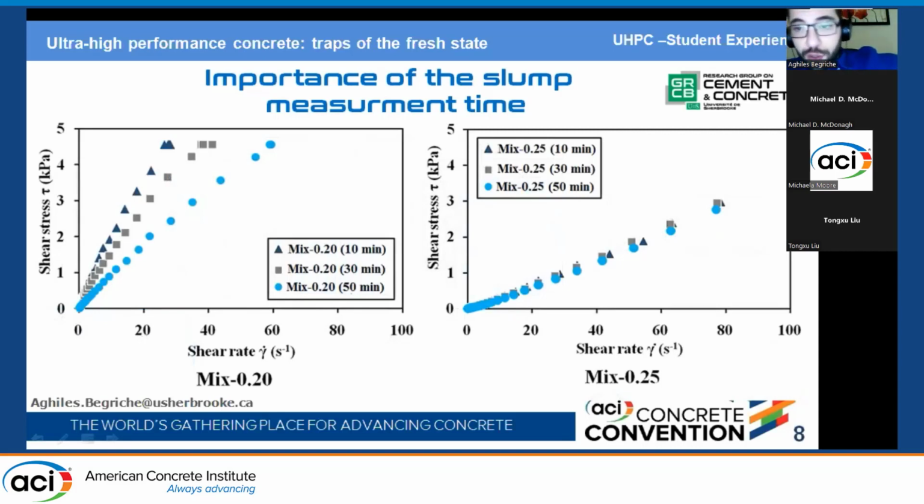As you can see also there, as a confirmation with the flow curves for the same mixtures, for the low water to binder ratio mixture on the left, the slope decreased during time, reflecting a visible decrease of the viscosity. So an improvement of the rheology, compared with the same mixture with a higher water to binder ratio, where the rheology is globally the same during time, almost stable for all the 50 minutes.